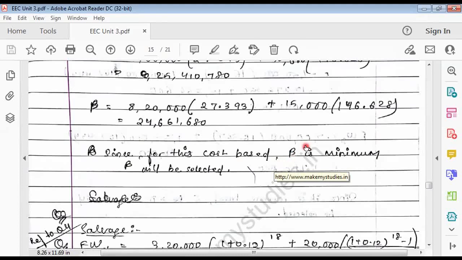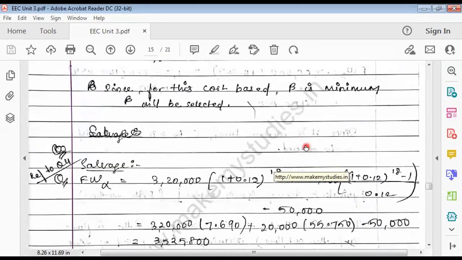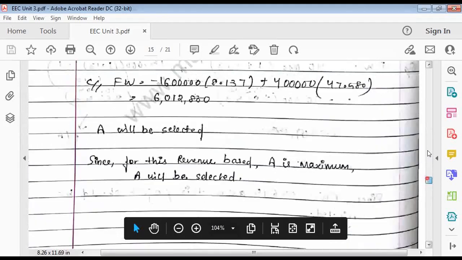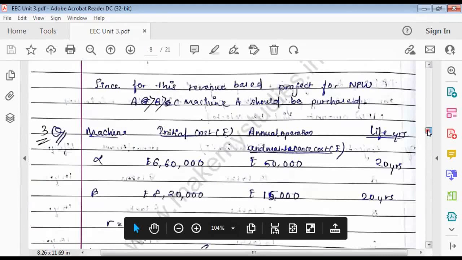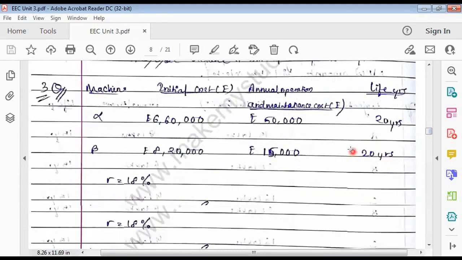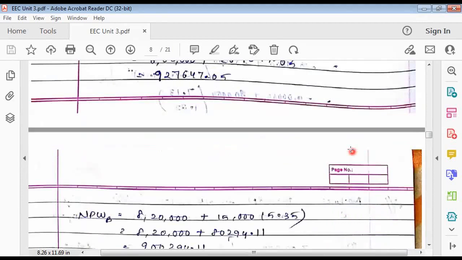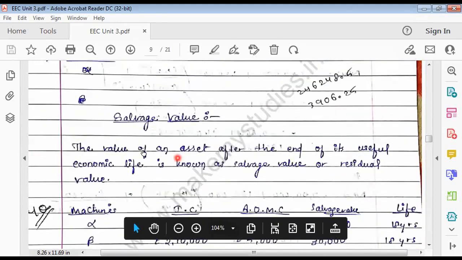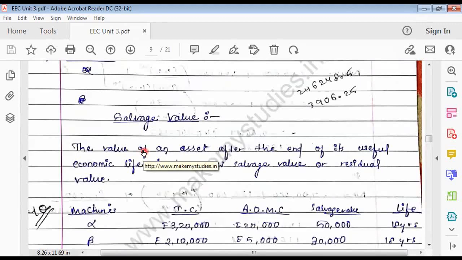Okay, so we are left with two more questions. In the next question, you'll find an additional column of salvage value. And I hope you still remember what salvage value is. We have already discussed this, and we used some questions also to solve involving salvage value. Salvage value is the value that is left over after the asset completes its lifetime.